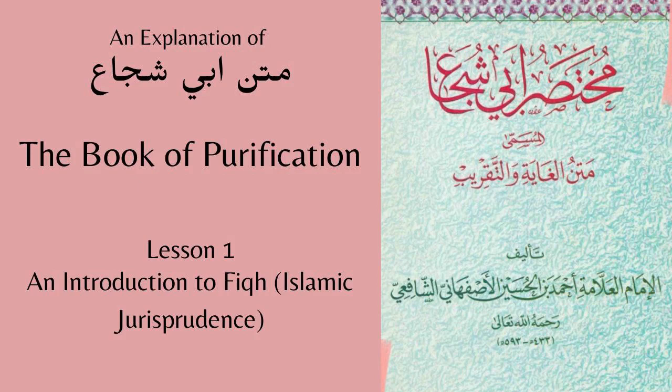Nisbah, the relationship of fiqh to other ulum, is that fiqh is from ulum al-shar'iyyah. It's from the shar'i sciences, amongst the aqidah and others, and it's from ulum al-maqasid. Because shar'i sciences are of two types, ulum al-ala and ulum al-maqasid. Ulum al-ala are those sciences which are instrumental sciences.